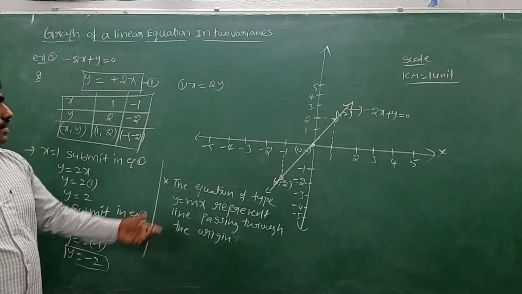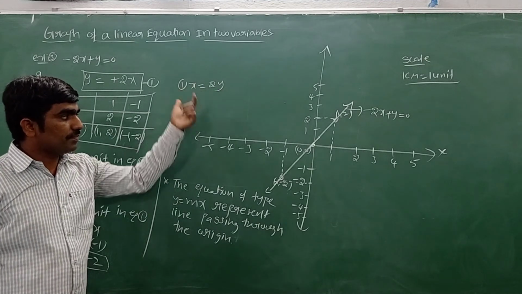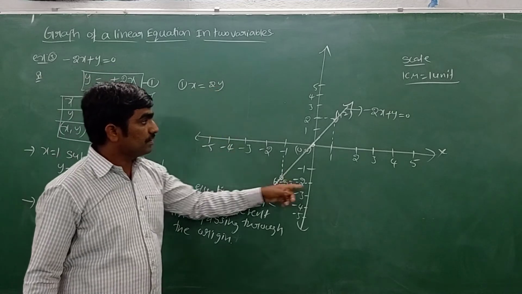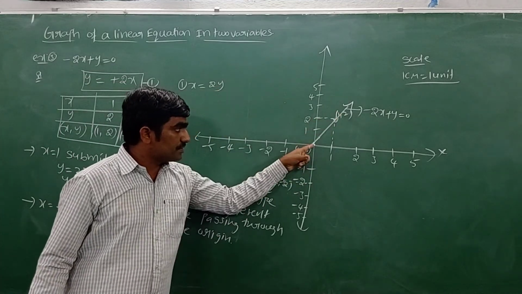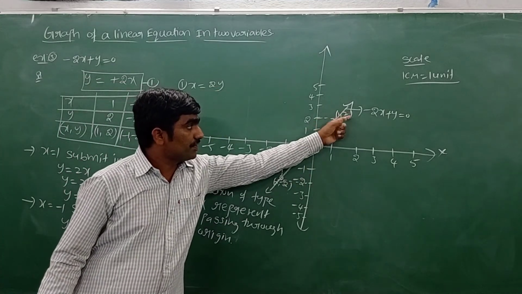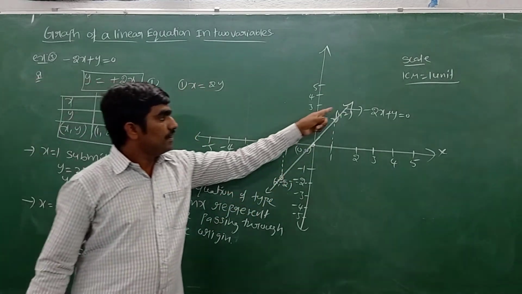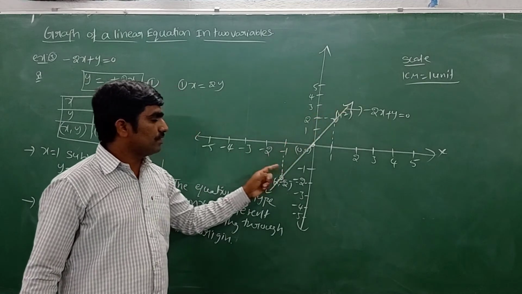If I draw the graph of x equal to y, or y is equal to x, it is a straight line passing through the origin, through the first and third quadrants. When both sides have the same sign, it passes through the first and third quadrants.